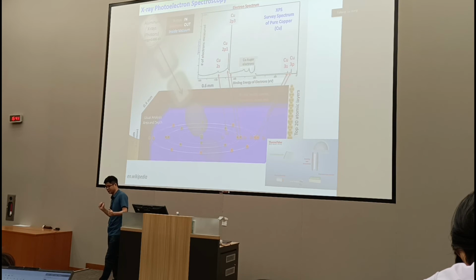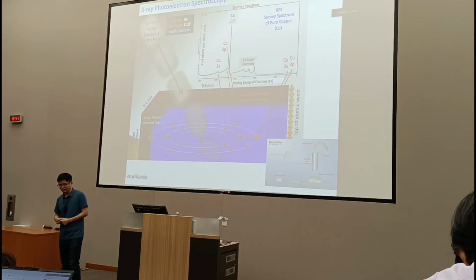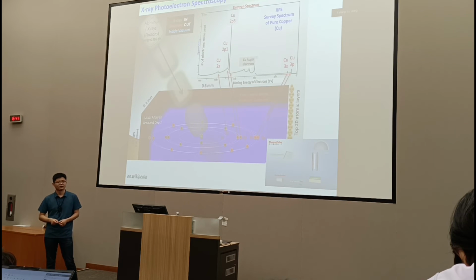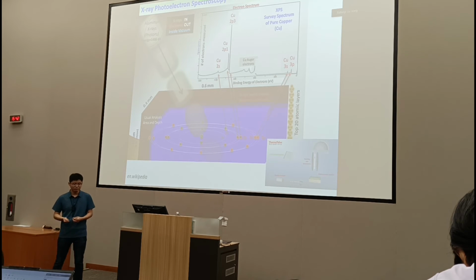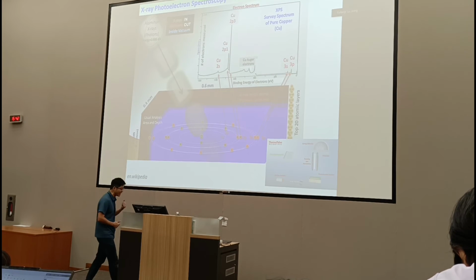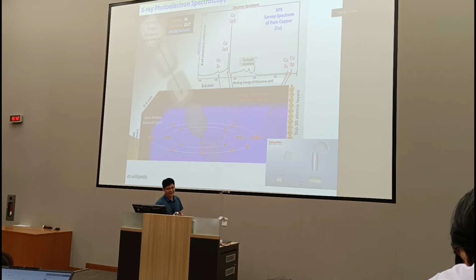For XPS, you use an X-ray source. X-rays are photons; you shine the photons onto your materials. You can get photons or electrons out from your materials. In XPS, when you shine the photons, you analyze the electrons escaping from your materials: photons in, electrons out.